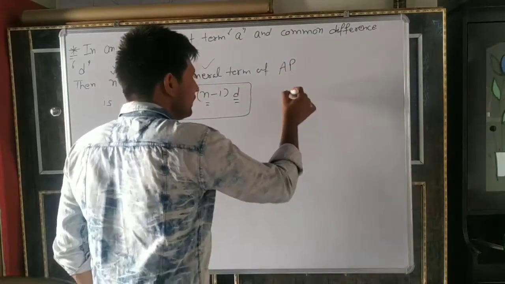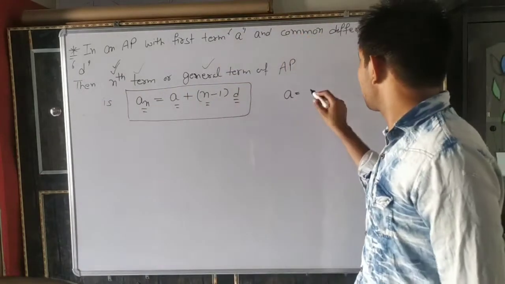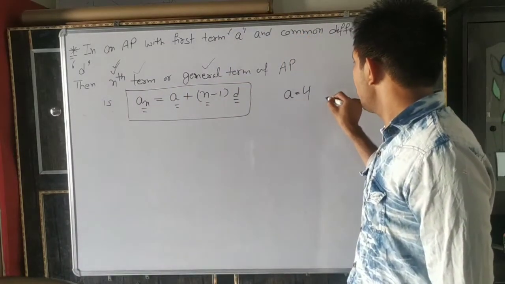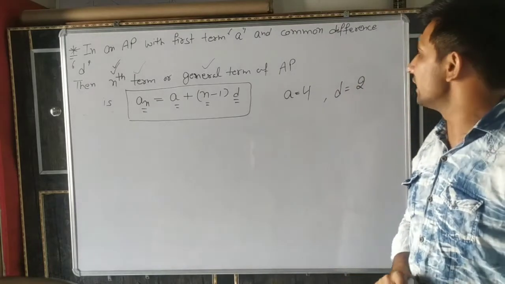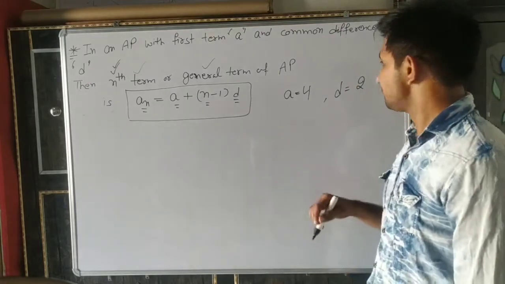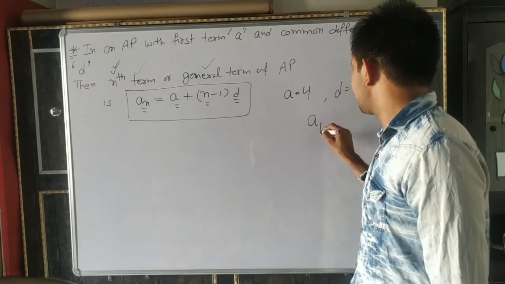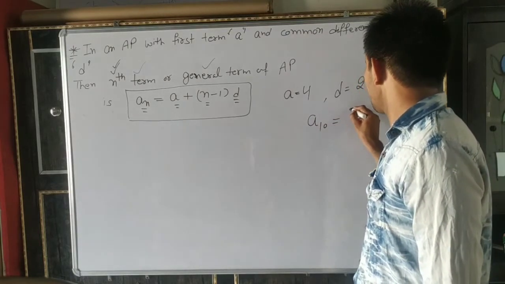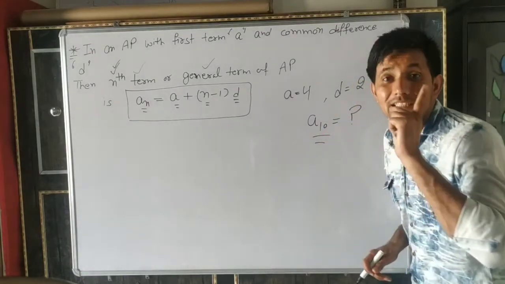Suppose it is a very simple example. Suppose I am telling you A, the first term, is 4 and D is 2. Find A10. A10 means dear, find the 10th term.